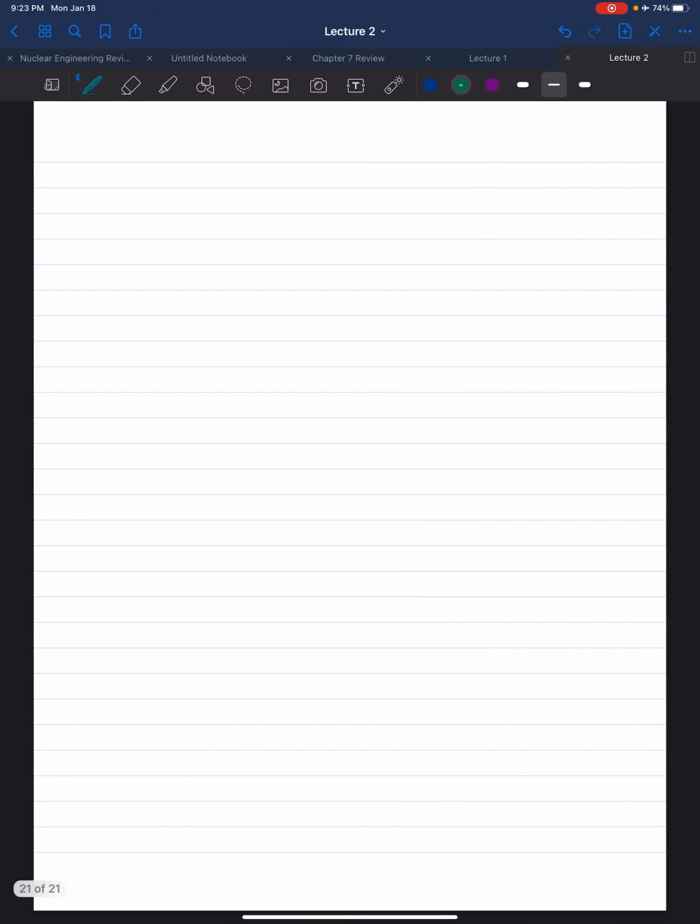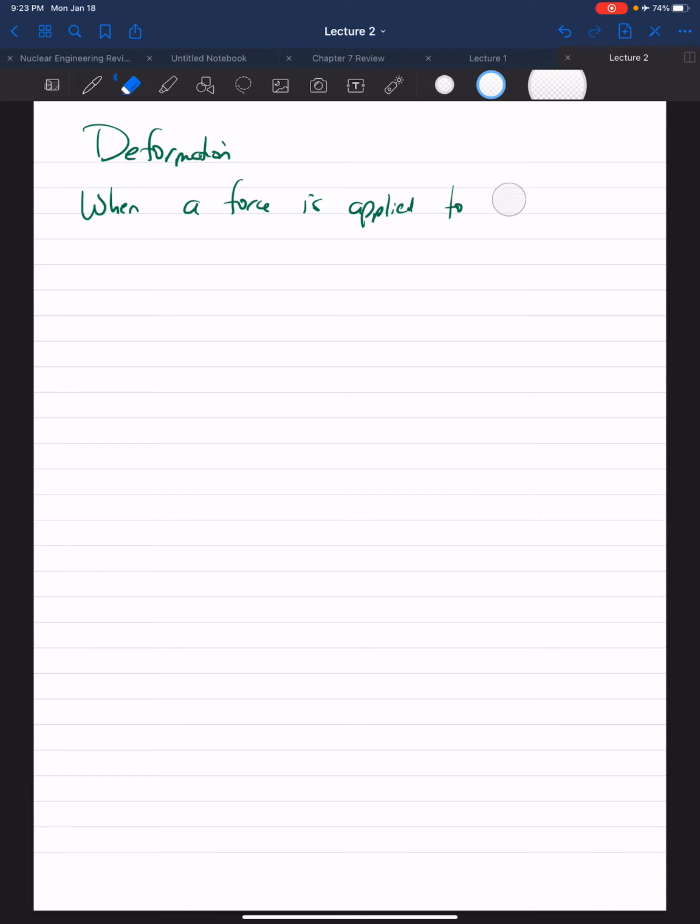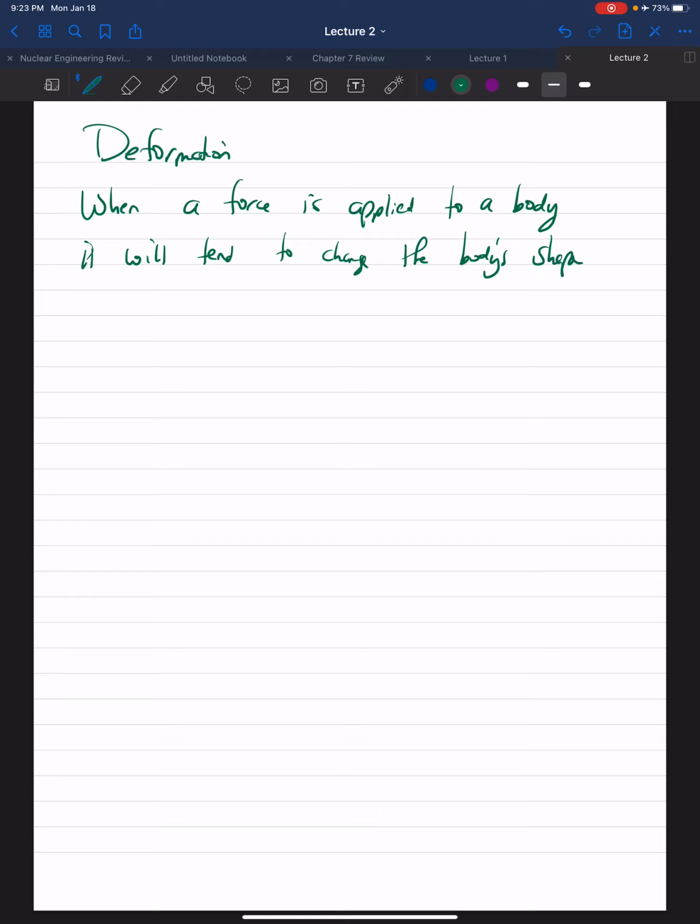So let's talk about deformation. Whenever a force is applied to a body, it will tend to change the body's shape and size.